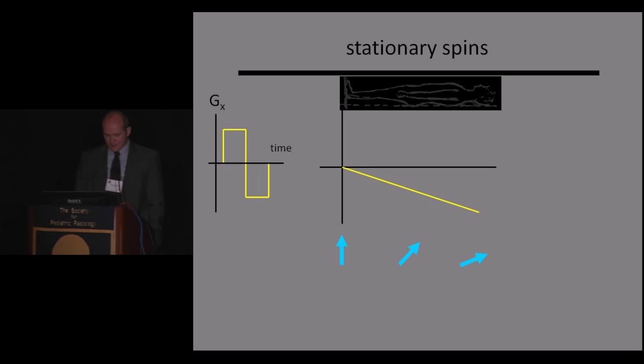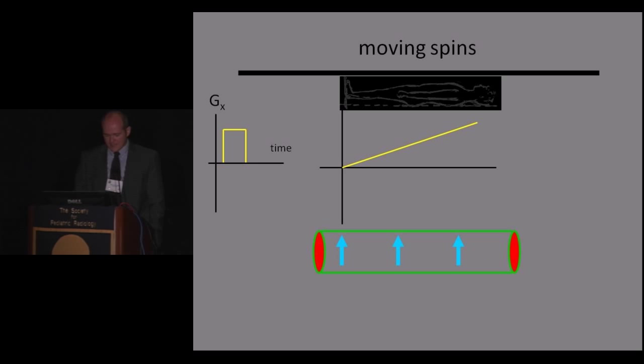If the gradient's then reversed for the same duration, the spins will be realigned, resulting in no net phase shift. However, if we consider what would happen to the spins in blood moving through the field and in the direction of the gradient, we'll see that the first gradient applied will affect these spins in the same way.